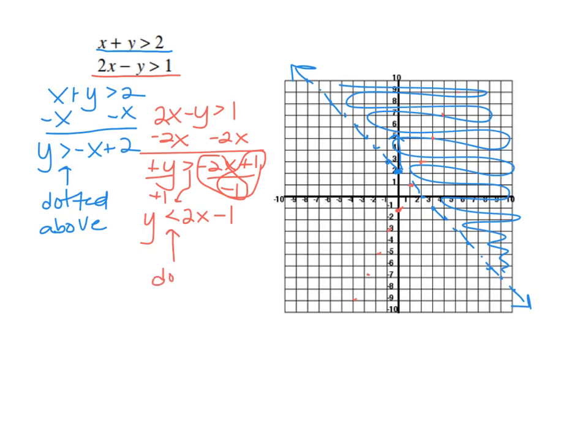It also will be a dotted or dashed boundary line. Go ahead and draw that in. There we go. And now when values are less than, if I go to where it crosses the y-axis at negative 1, y values would be less than, down below the line. So that's where we will shade.